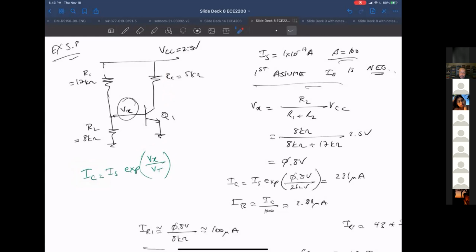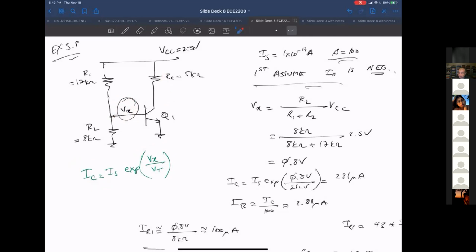I'm not even talking about 10%. A 10% change would be, imagine, 10% of 850 millivolts is 85 millivolts. So this is a good thing to remember: if V sub X changes by 60 millivolts, I sub C is going to change by a factor of 10.